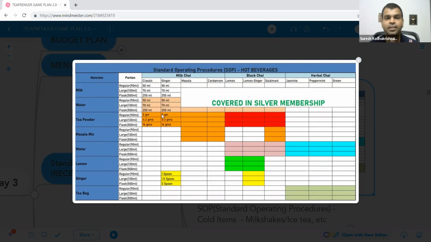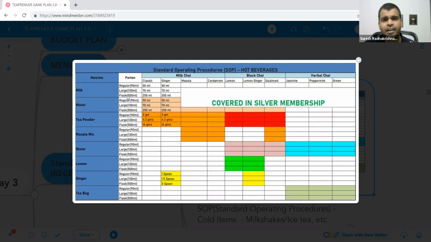Now coming to ginger, the same milk quantity, 50 ml, water 50 ml, tea powder 3 grams. Ginger: if you crush ginger and use it, you will need at least 1 small teaspoon. Teaspoon is a standard, anywhere you go you'll get a small teaspoon.